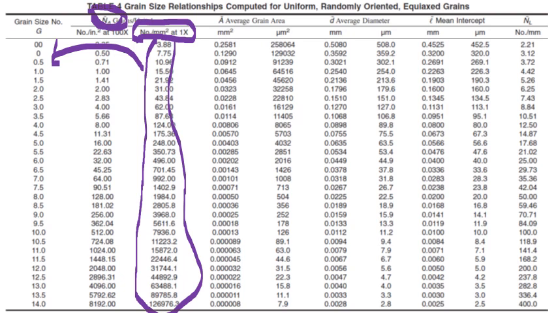For example, if you calculated 87.68 grains per millimeter squared, or somewhere in that vicinity, then what you have is an ASTM grain size number of about 3.5.